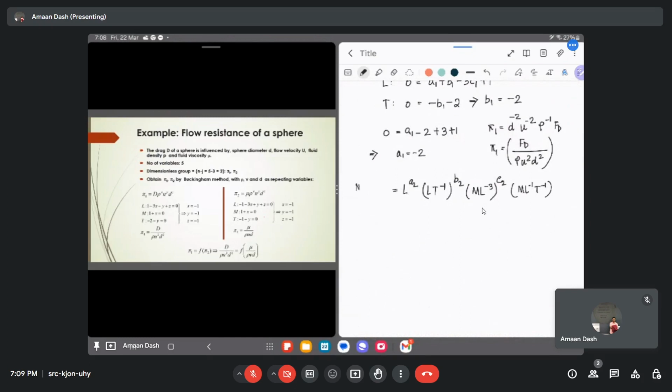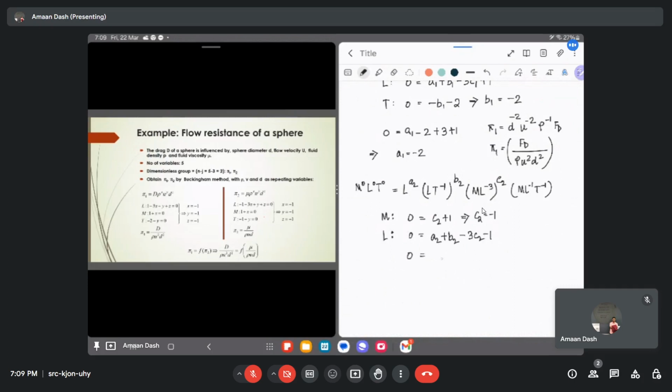So if we do for m, 0 is equal to c2 plus 1. This implies we have c2 is equal to minus 1. For l, if we do, 0 is equal to a2 plus b2 minus 3 times c2 minus 1.